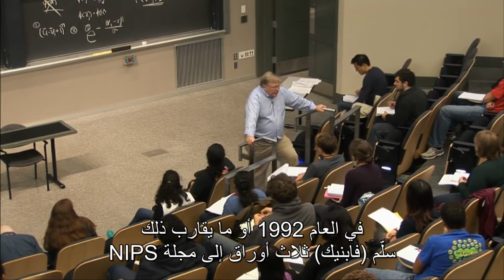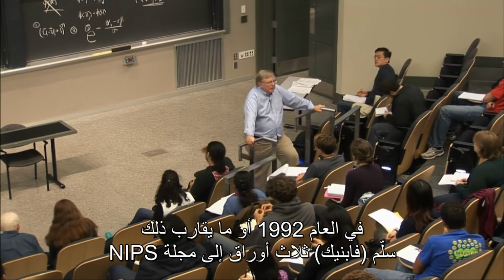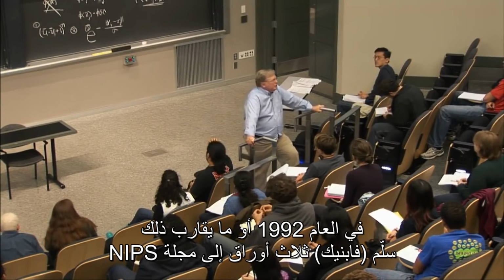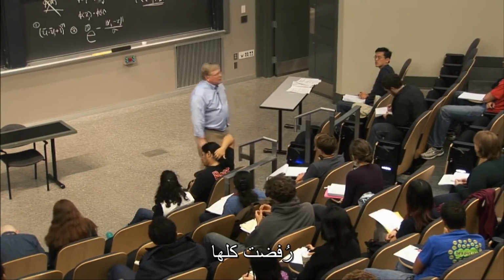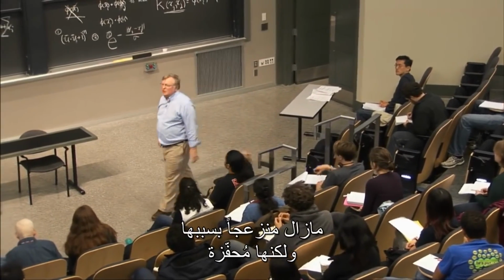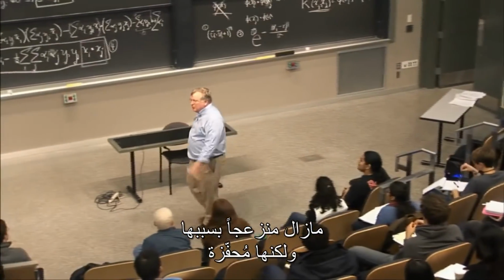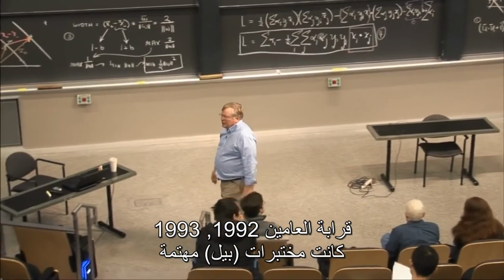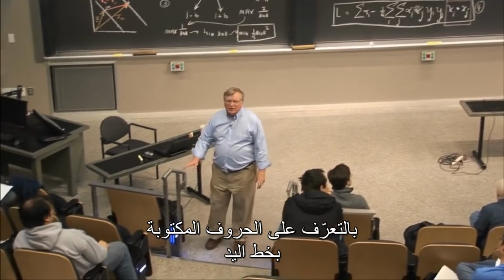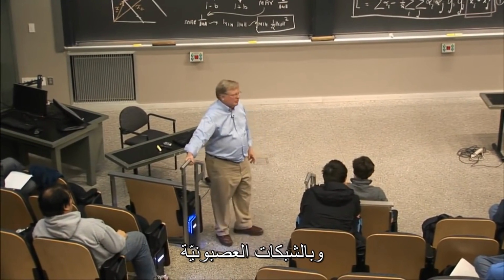In 1992, or thereabouts, Vapnik submits 3 papers to NIPS, the Neural Information Processing Systems Journal. All of them were rejected. He's still sore about it, but it's motivating. So around 1992, 1993, Bell Labs was interested in handwritten character recognition and in neural nets.